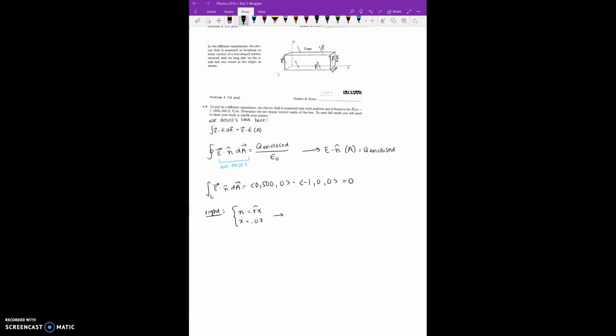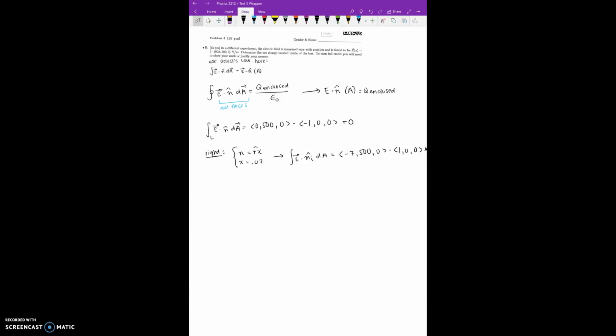So that gives us E times N dA, and that's equal to -7,500, 0 times our N vector. And then we also multiply that by 0.04 times 0.03, and that gets us, doing the math, 0.0084 voltmeters.